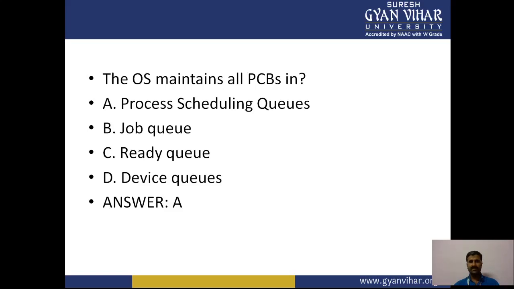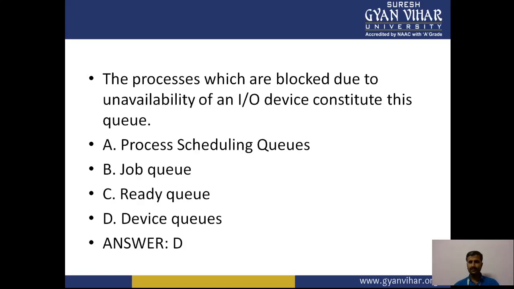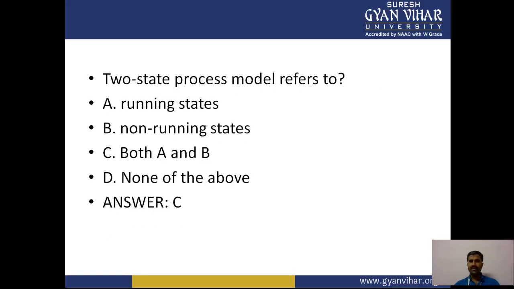So A is the right answer, process scheduling queues. Processes which are blocked due to unavailability of an input output device constitute this queue: process scheduling queue, job queue, ready queue, or device queue. So it is the device queue.